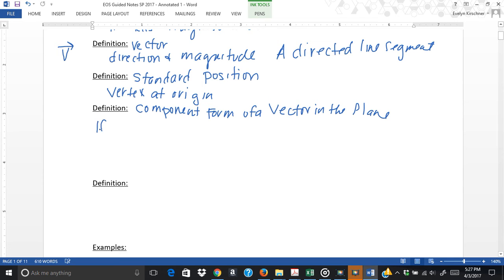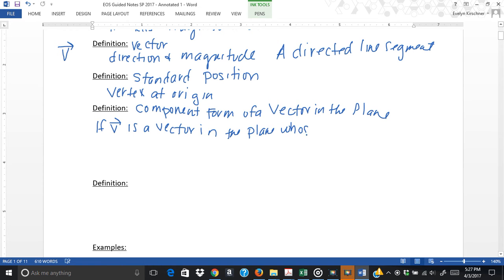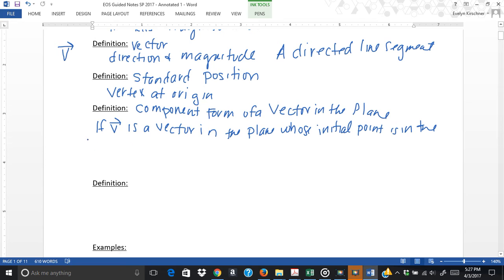So I have a vector, and it's in the plane with initial point at the origin, and it has a terminating point at some point we're going to call v1, v2.